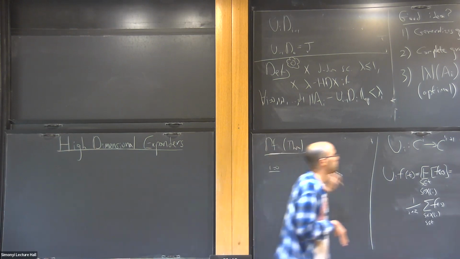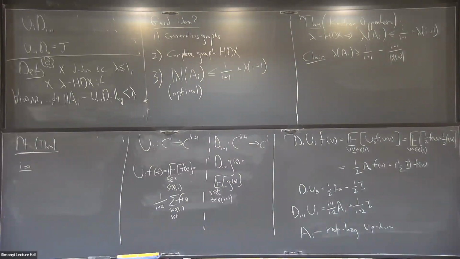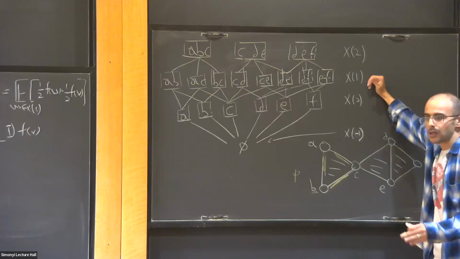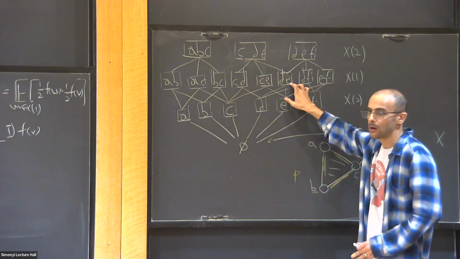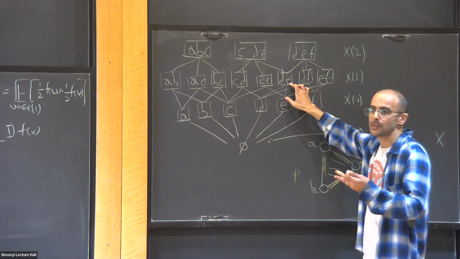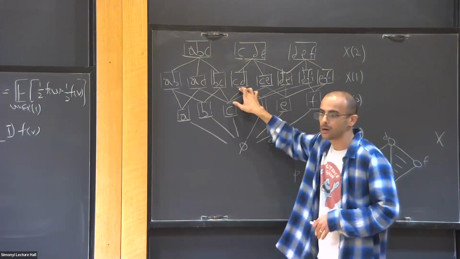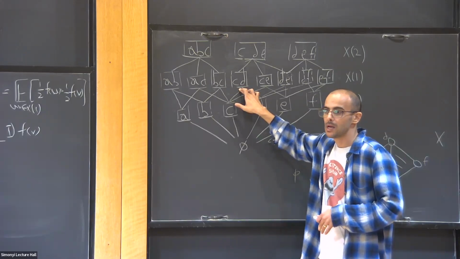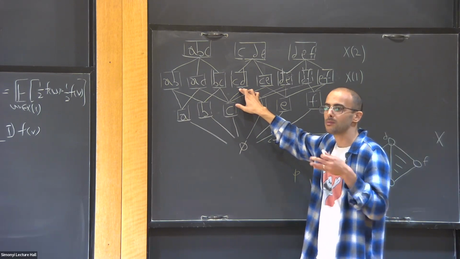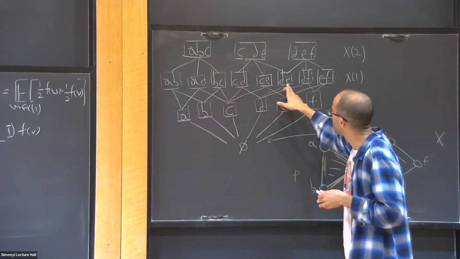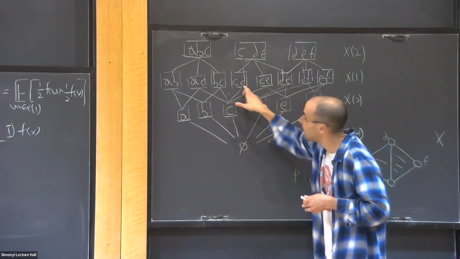Maybe before I prove the theorem, I'll hand wave a bit. What's going to go on here? I'm going to look at the expansion of the non-lazy upper walk. But because of high dimensional expansion, I might as well look at the expansion of the lower walk from one dimension below. All I need to remember from linear algebra is that in operator norms, it doesn't matter if I look at the norm of doing down up or the norm of doing up down.